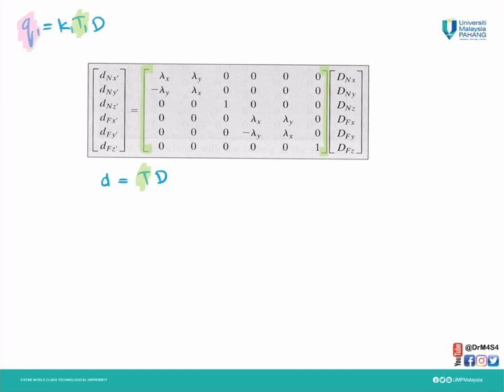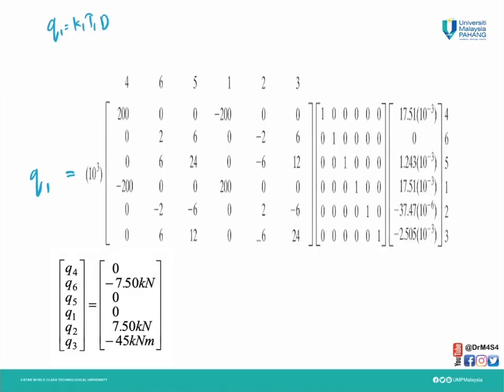So let's assemble this matrix. So we get in this form. This is matrix for member 1 with numbering 4, 6, 5, 1, 2, 3. Similarly, for D, we already defined what is the value for unknown D. So the arrangement is similar to numbering for K1: 4, 6, 5, 1, 2, 3.